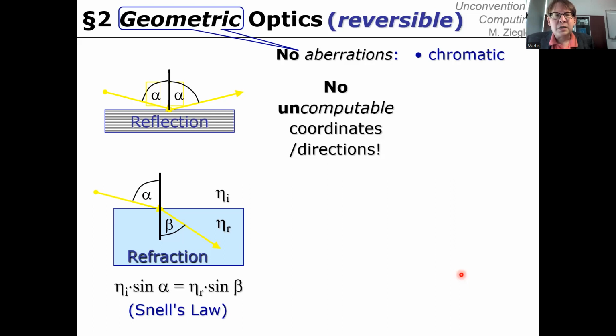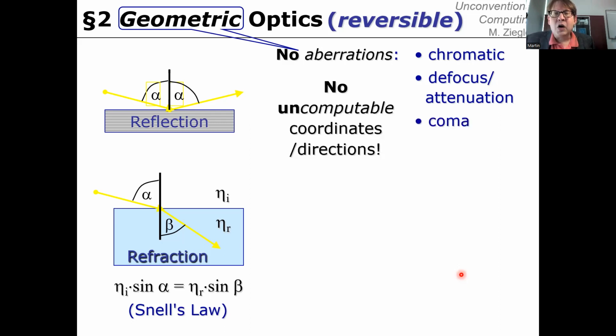Maybe different colors have different refraction laws, refraction index. Also, we suppose that the light rays do not suffer from defocus or from attenuation. So they're supposed to be perfect and infinitely thin, which in practice is not the case, but lasers, for example, are so intense and so thin that they're a good approximation.